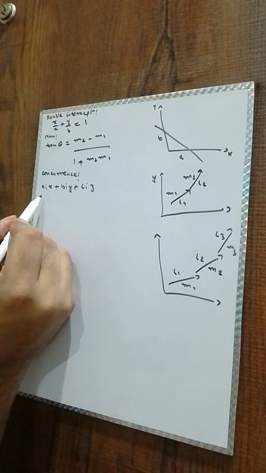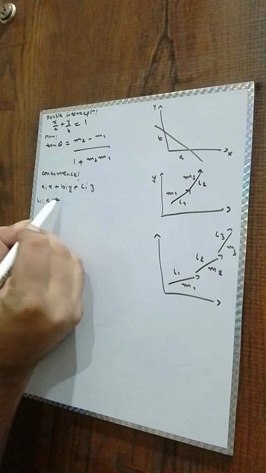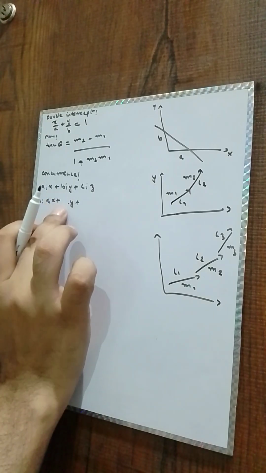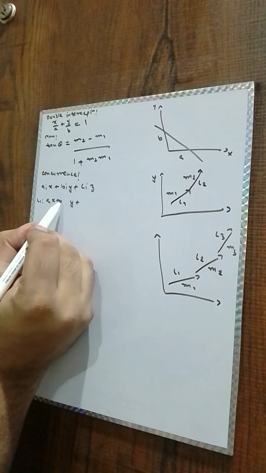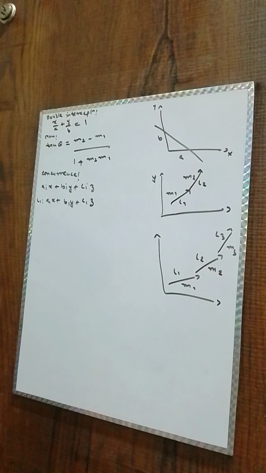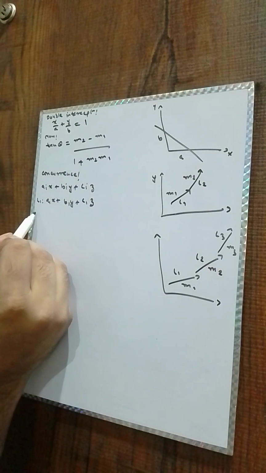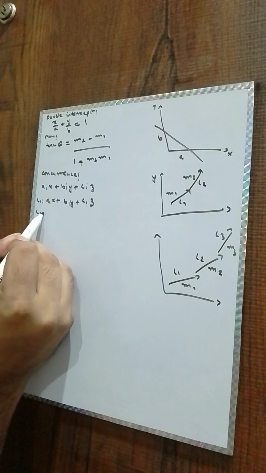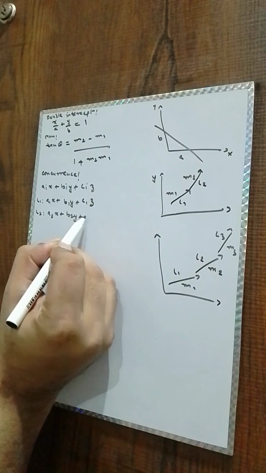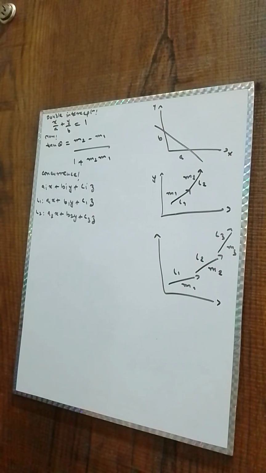Okay, and for line 1, let's say it would be a1x plus b1y plus c1z. This is the equation for the first line, and for the second line, a2x plus b2y plus c2z.